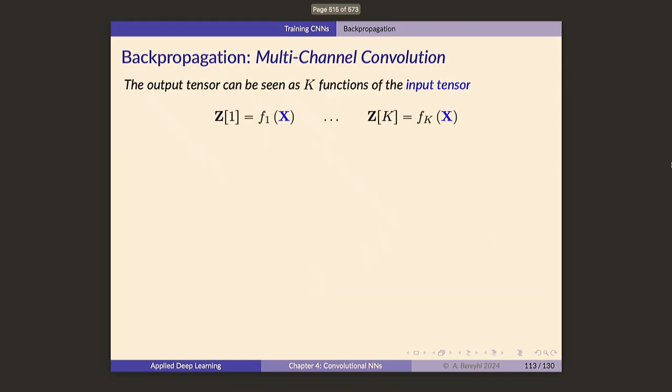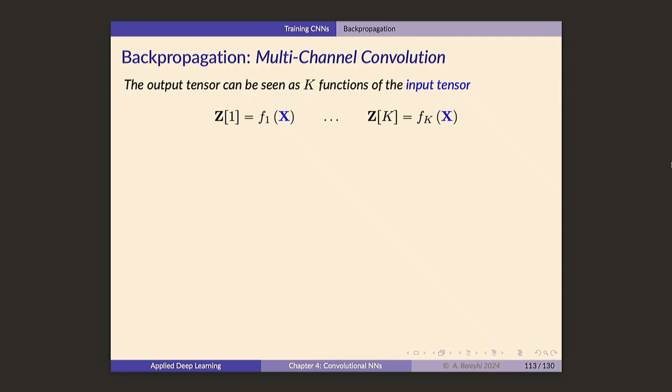The first map is a function f1, that convolutional layer, that particular convolution of that particular map, a function of x. z2, the second map, is again a function of x, till the last one, all of them are functions of x. And if I want to write down the chain rule, how should I write it? Let's write it down together.